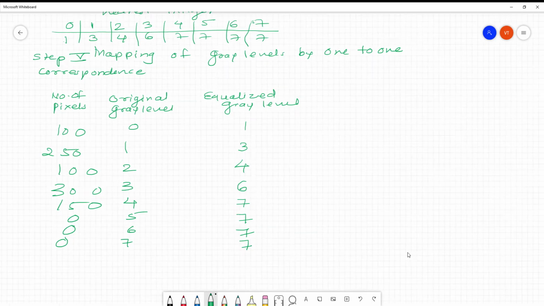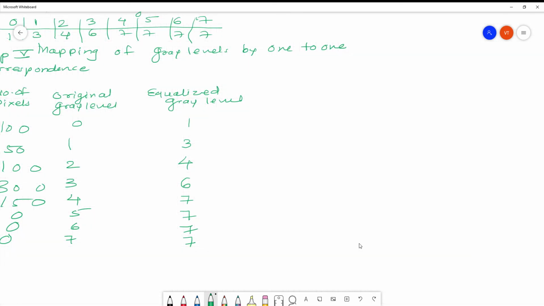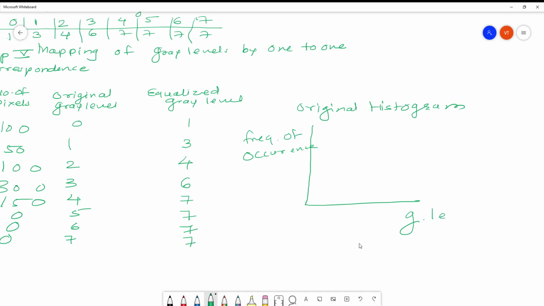Now always you have to plot the original histogram as well as the equalized histogram, every time in the exam. So the original histogram will be number of gray level values versus frequency, frequency of occurrence and gray level values.